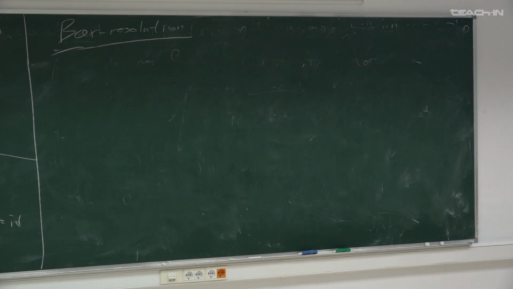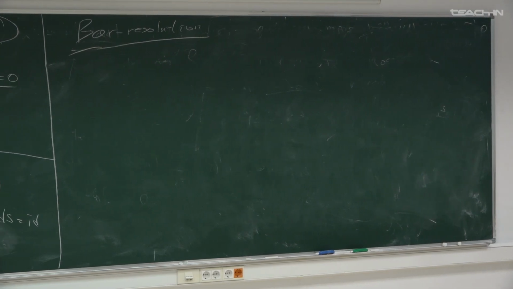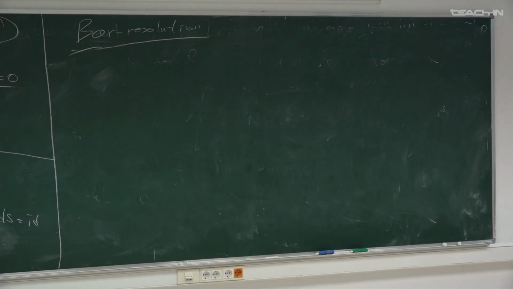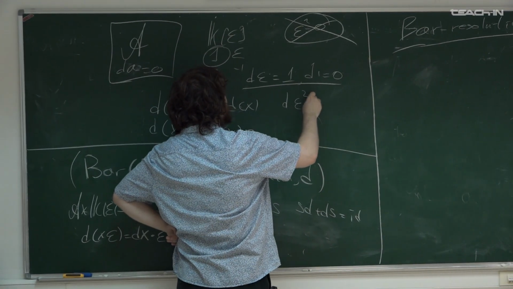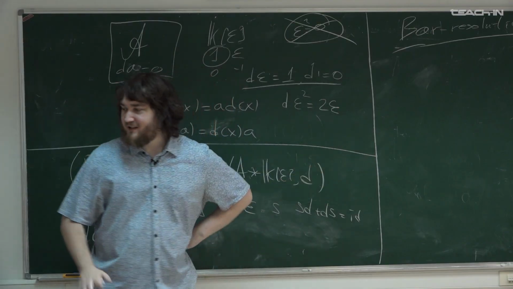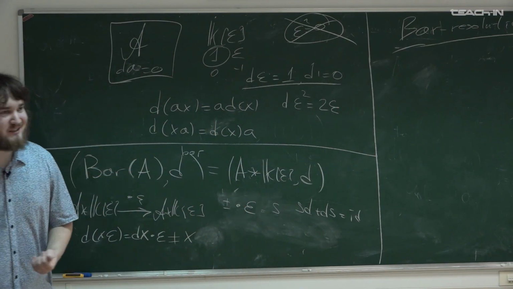And what is the reduced bar construction? Again, let's first look at the second interpretation. But this cannot happen. Sorry, it's not true, because d of epsilon squared is 2 epsilon d epsilon, and d epsilon is the unit, so this is not 0. It's a polynomial algebra. Sorry, forget this.